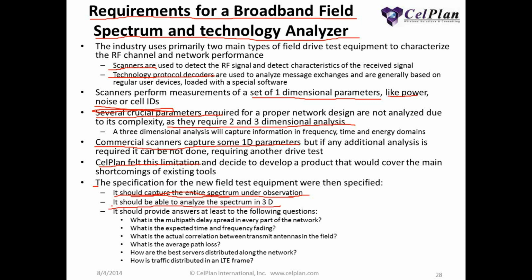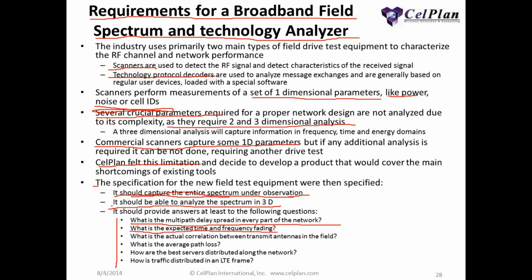And we need to answer basically these questions here. What is the multipath delay spread everywhere in the network? We know that this varies with the locations in the network, but we had to know what the real multipath delay spread was. This is an essential parameter for OFDM. What is the expected time and frequency fading?